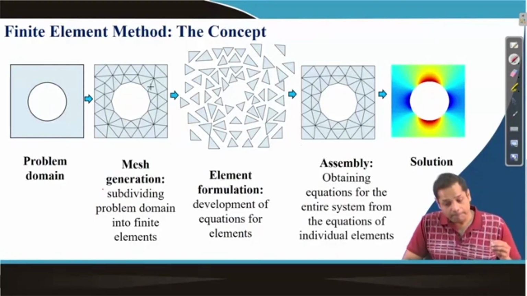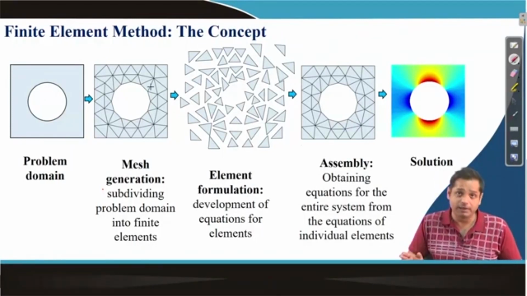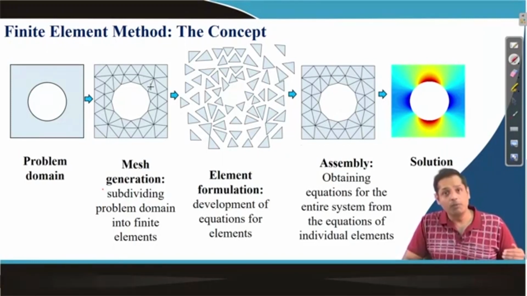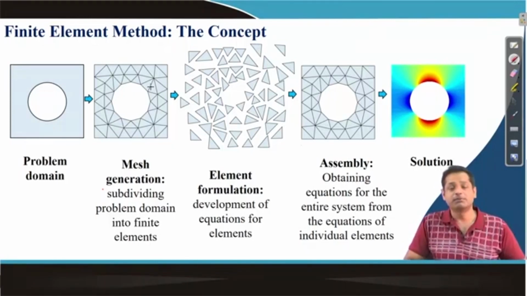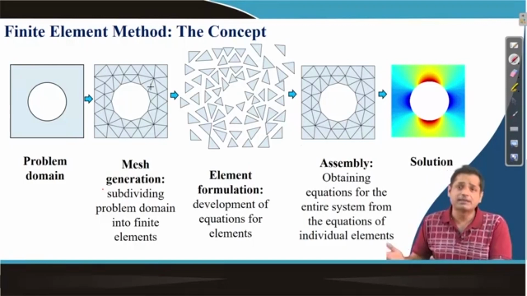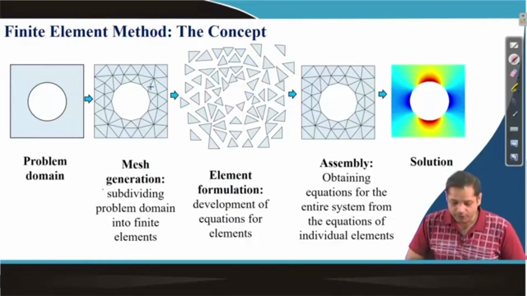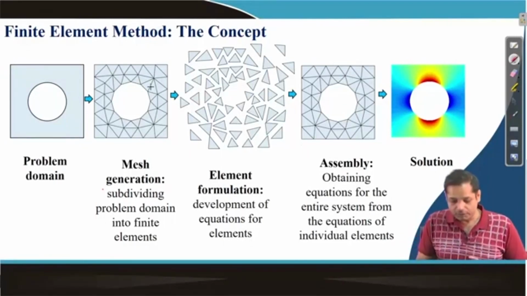So in both problems we may have similar shapes of elements, say triangle or quadrilateral element, but the formulation will be different. The element level formulation for, say, a heat conduction problem and an elasticity problem are different because their equations are different, field variables are different, and degrees of freedom are different. So most of the time in this course we'll be talking about step 2, element level formulation.